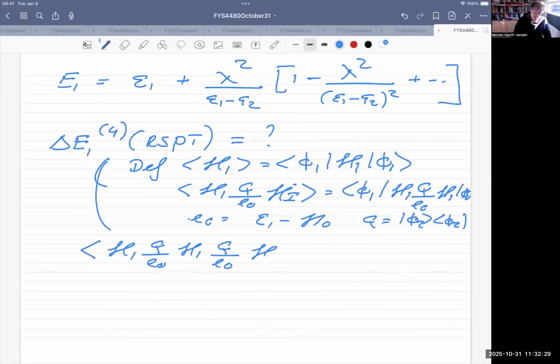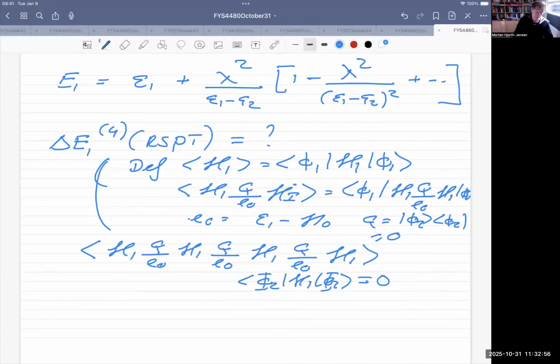So you will see it's a fourth order term in the interaction h_I. Now, when you look at, for instance, this term here, since q is defined by phi 2, phi 2 of h_I of phi 2 will always be 0. So this term is equal to 0.